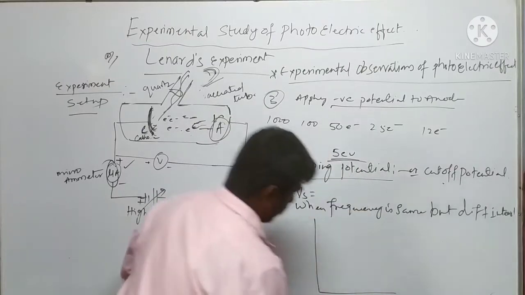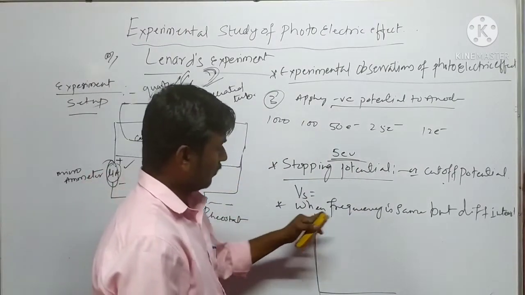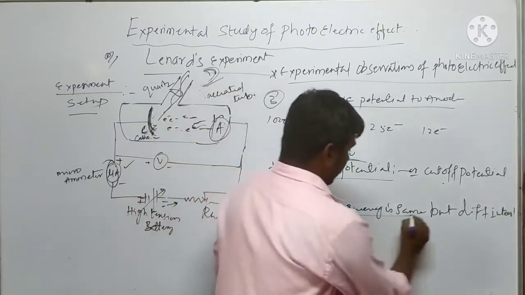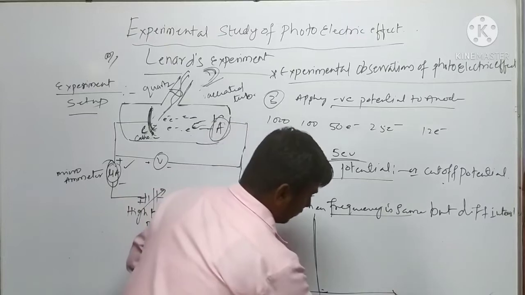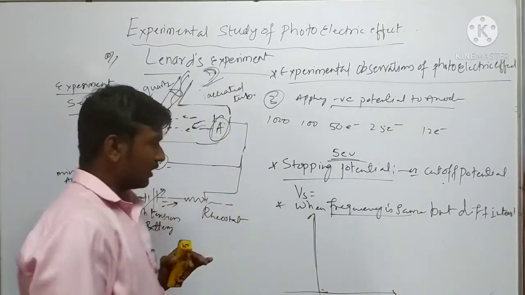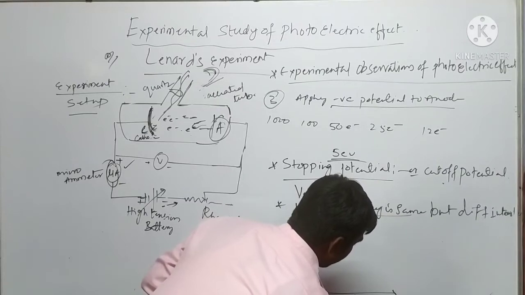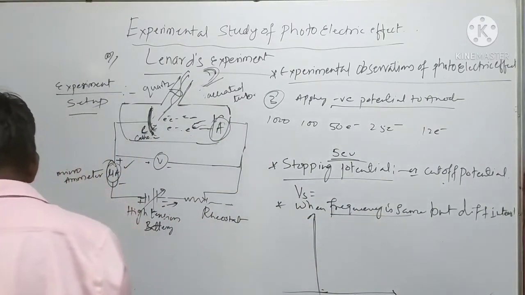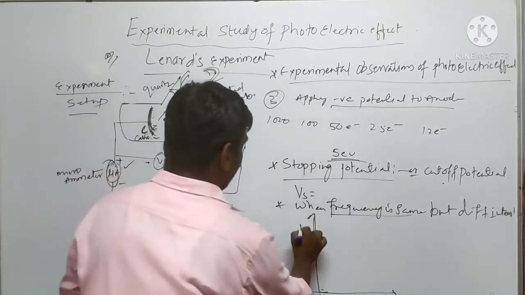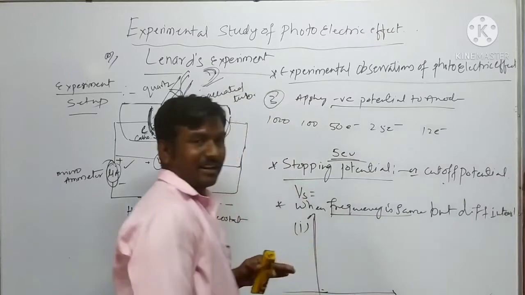So when you plot the graph for this observation for the same frequency, here we have the photoelectric current versus potential. So when you apply potential, the photoelectric current will be like this for the same frequency but different intensity.